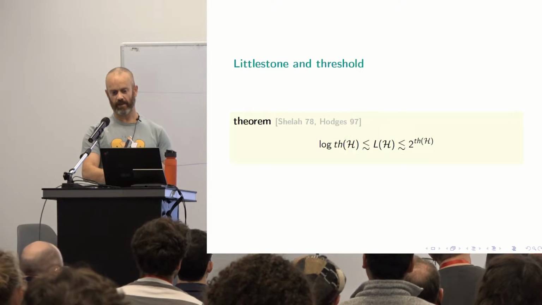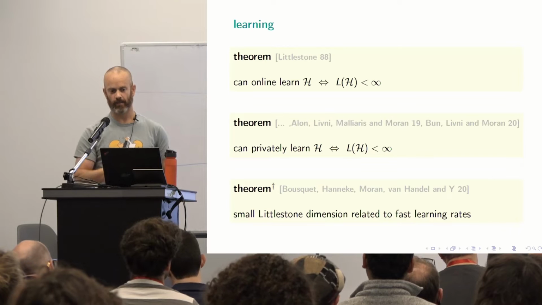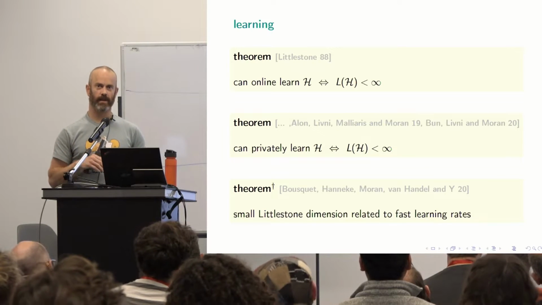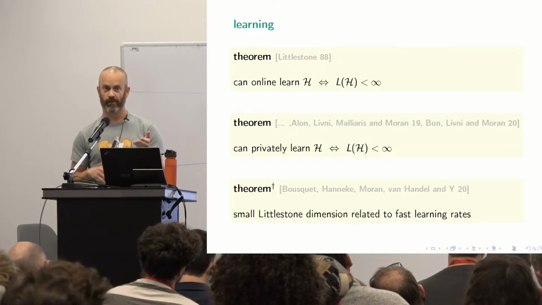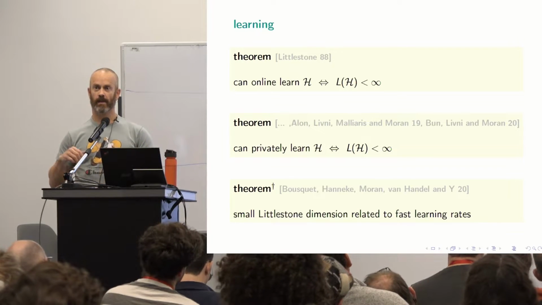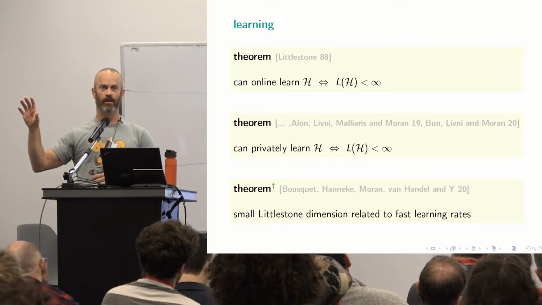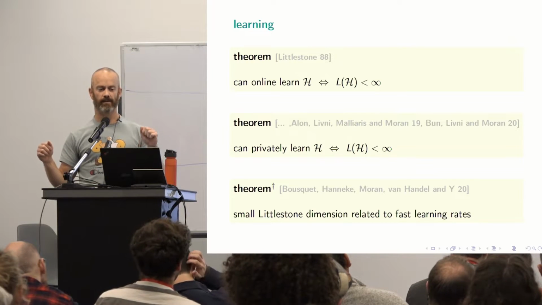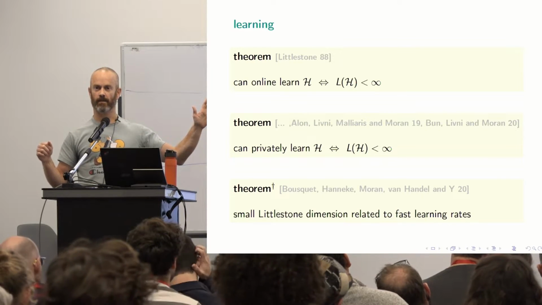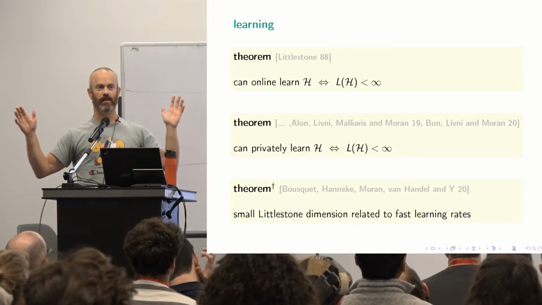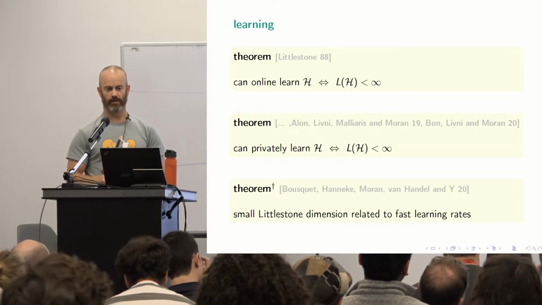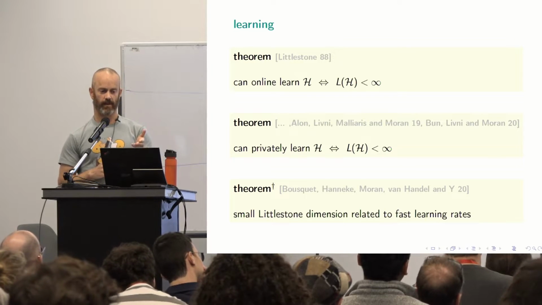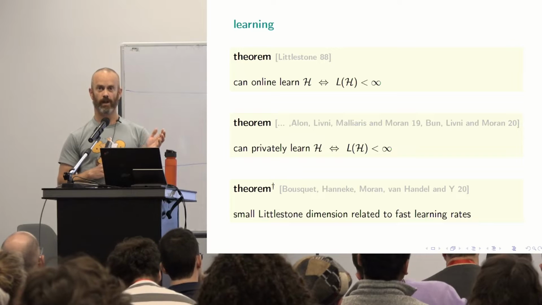And the reason I introduced both of them is these three theorems. So the first theorem, which was the reason to define the Littlestone dimension, is that the Littlestone dimension completely characterizes online learnability. This was the reason Littlestone defined this dimension. So it answers the question for online learning.